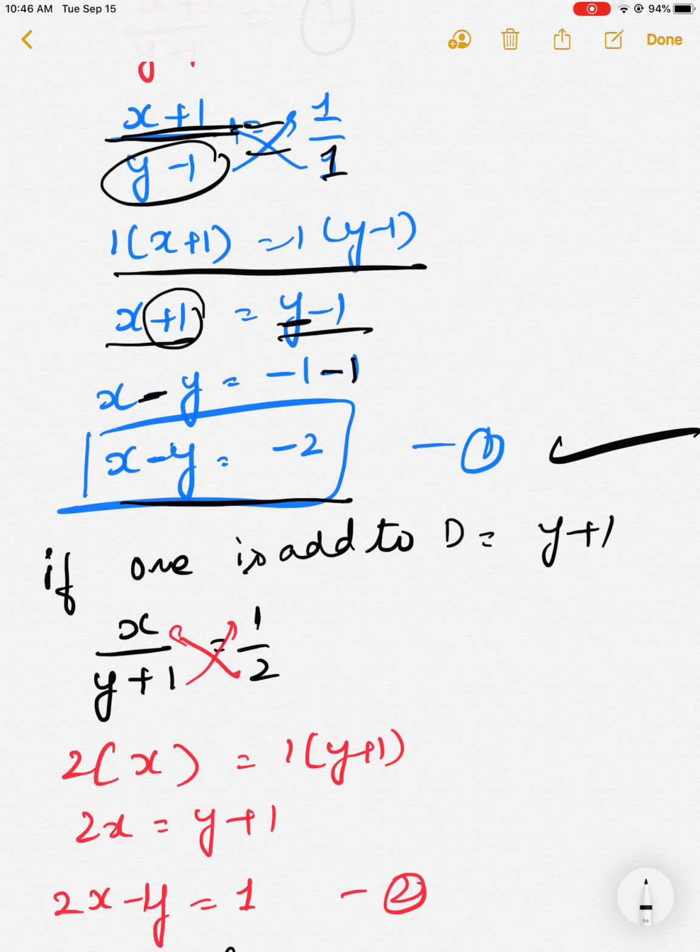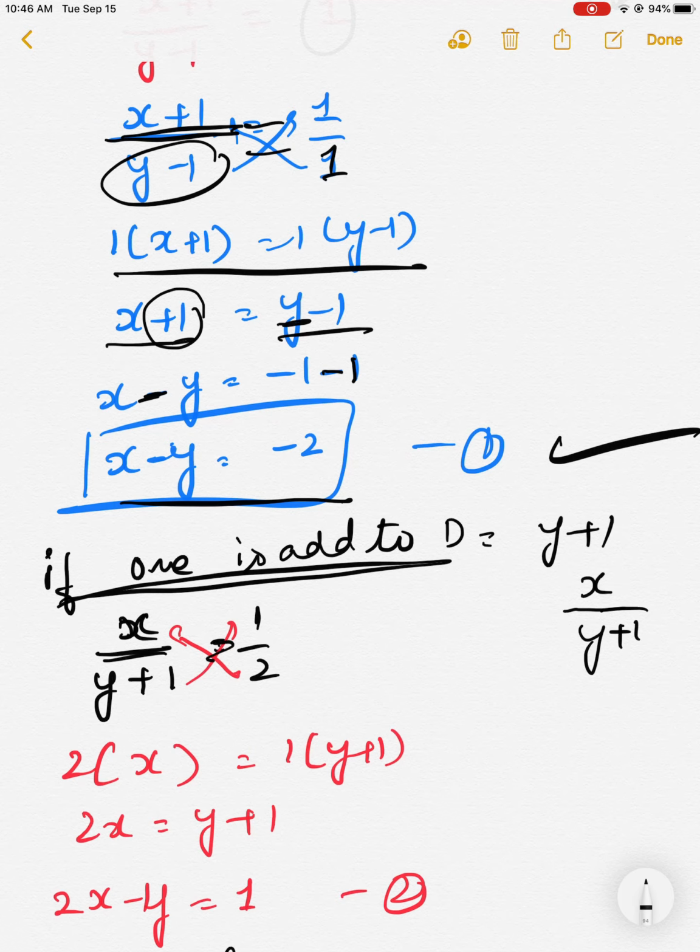Okay, second statement. If 1 is added to only the denominator, in the numerator no change. This is the original fraction. If 1 is added to the denominator, the fraction will be x upon y plus 1. The fraction becomes 1 upon 2, because of the change in the original fraction x upon y. In the previous case, 1 is added to the numerator and 1 is subtracted from the denominator.